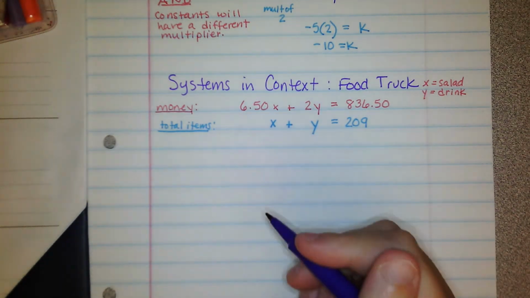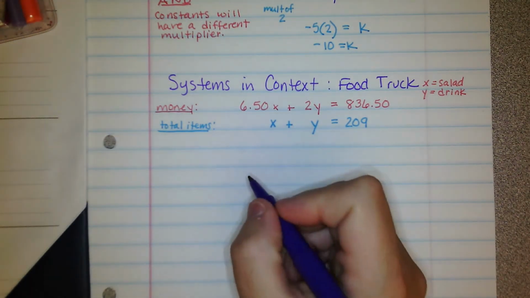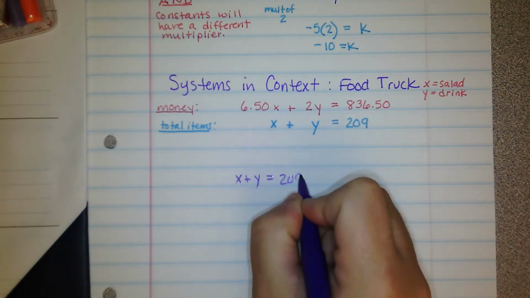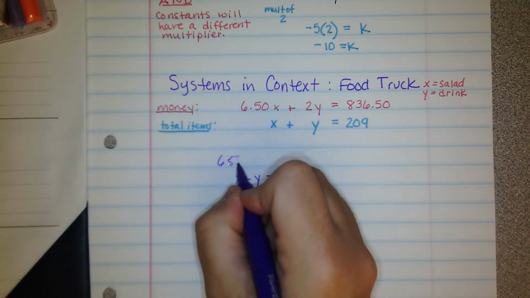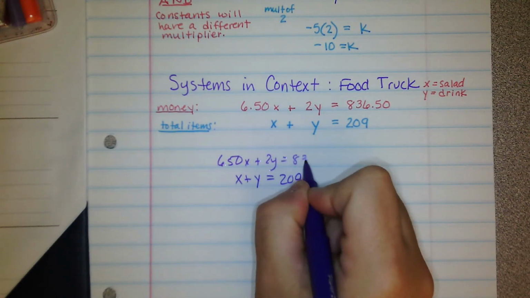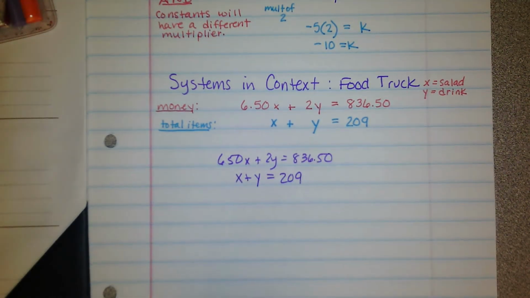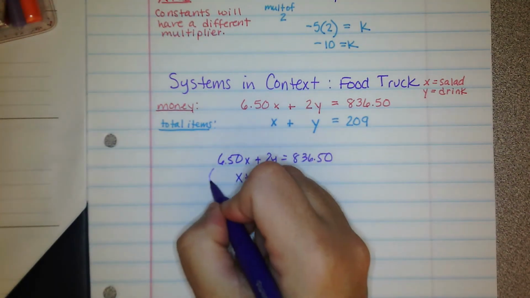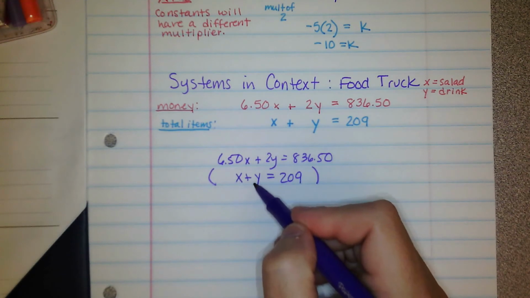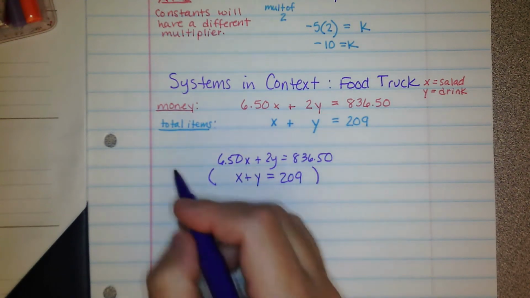So I'm going to take the bottom equation. I'm just going to rewrite this real quick. I'm going to eliminate the Y's, which means I need to get the Y's the same. So I'm going to multiply the bottom equation by 2.